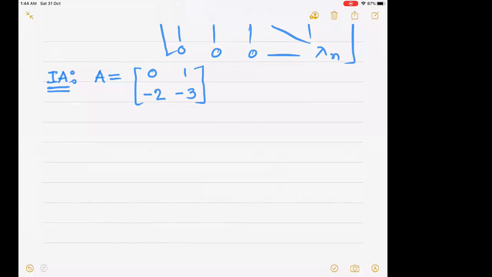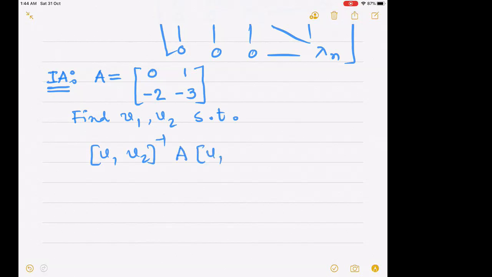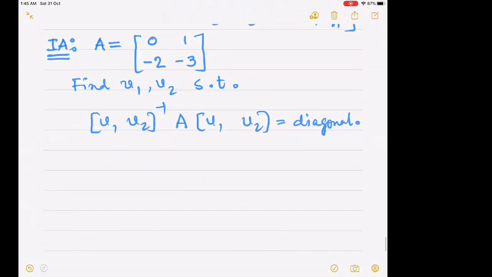Then find v1, v2 such that the matrix (v1, v2) inverse A (v1, v2) is diagonal. So we are directly diagonalizing this.